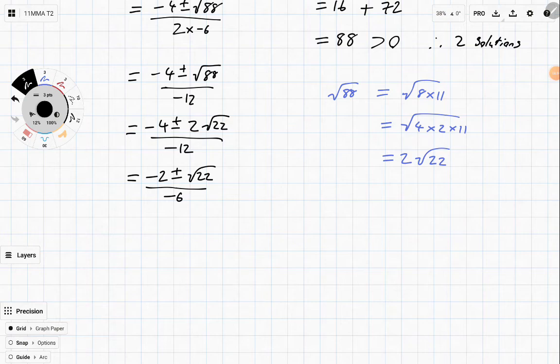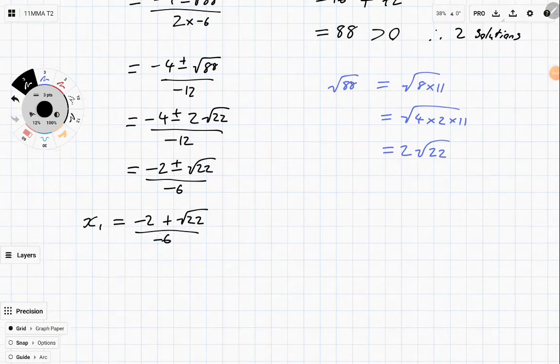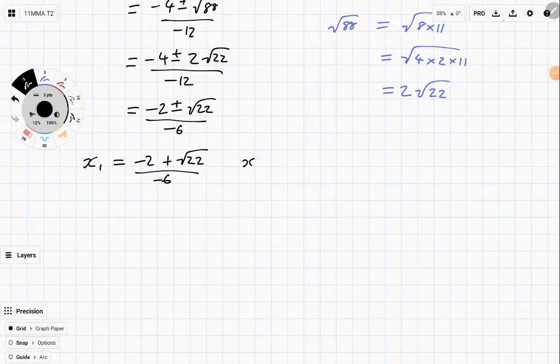Alrighty, so now we can work out our 2 solutions. So x1 is going to be negative 2 plus the square root of 22, all over negative 6. And x2 is going to be the same, but with a minus. So minus 2 minus the square root of 22, all over minus 6.